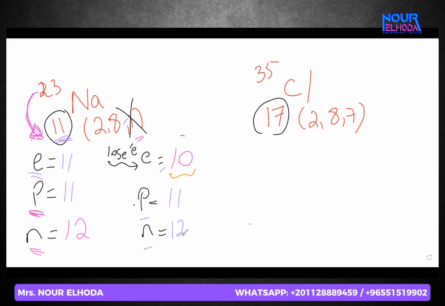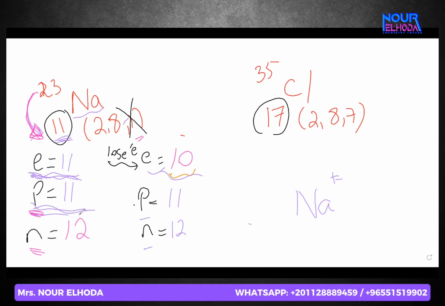But I was having one problem: here it was called sodium alone. It was sodium, I didn't put any plus or minus. Why? It was a neutral atom. Why was it neutral? Because I was having 11 electrons and 11 protons. That's why at the beginning it was neutral.